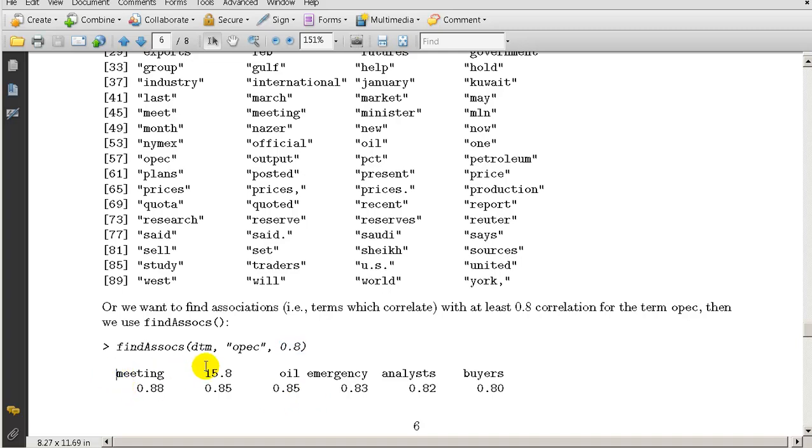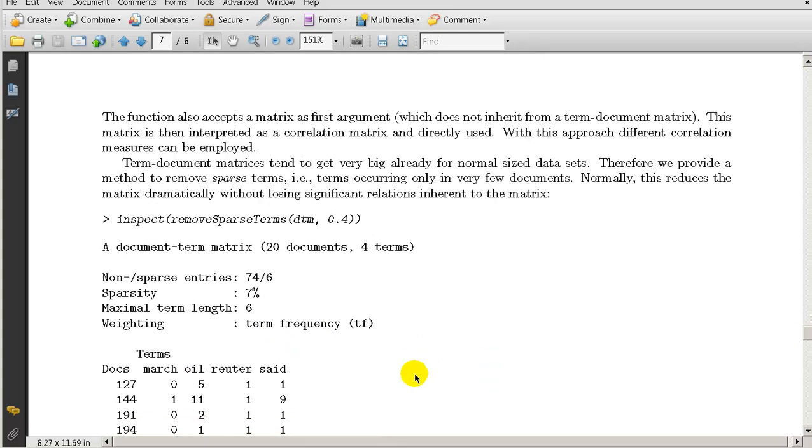OPEC, I guess, refers to the oil producing nations. So what are the words that occur with that? Meeting, oil, emergency, analysts, buyers, and also this number. These are the correlations between the word OPEC and the given associated words.